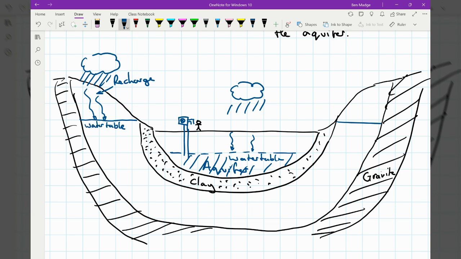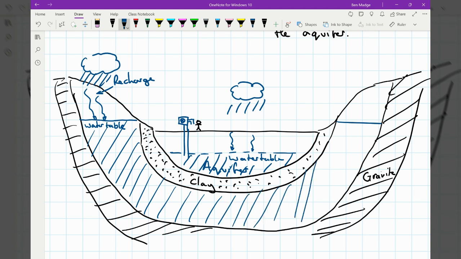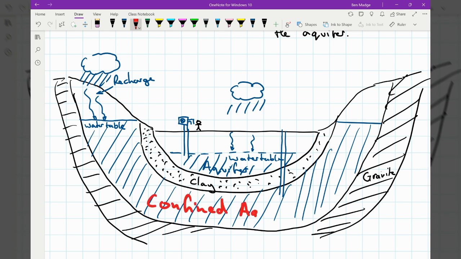And because the water table is higher and our aquifer is confined by the layer of clay above it, if I put in a borehole down to this confined aquifer, so this one is my confined aquifer, meaning the one above is our unconfined aquifer because it doesn't have any clay above it.